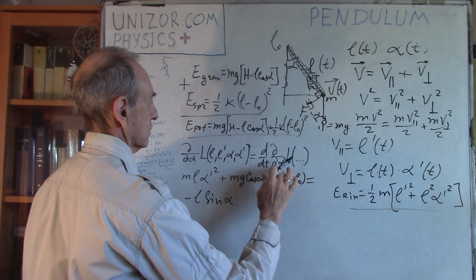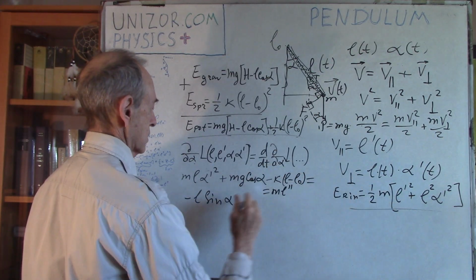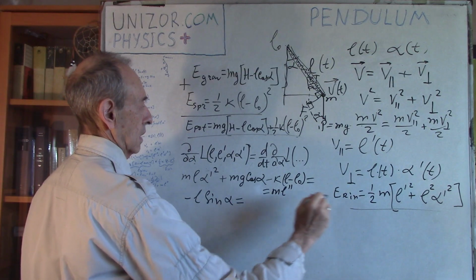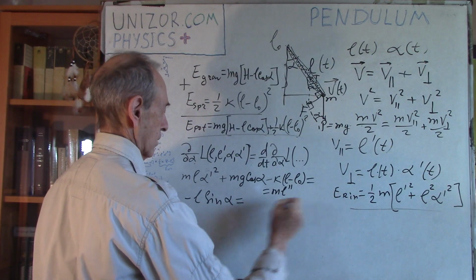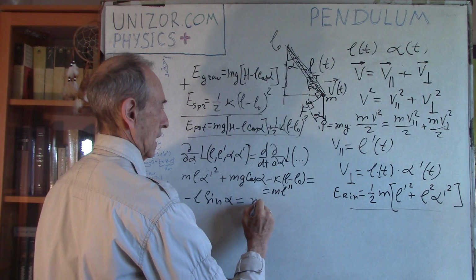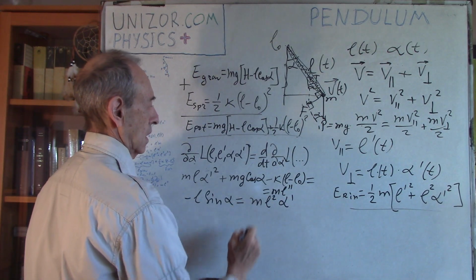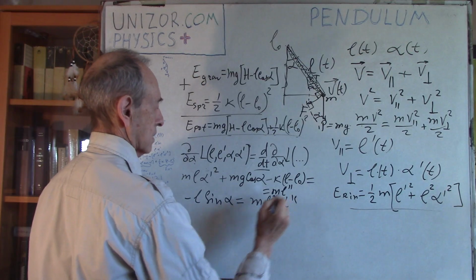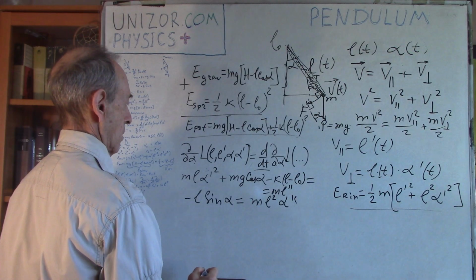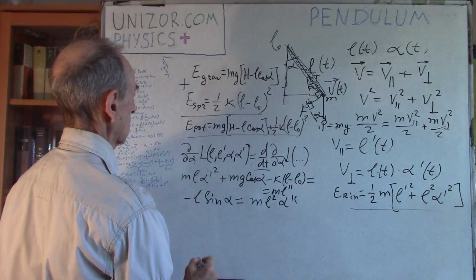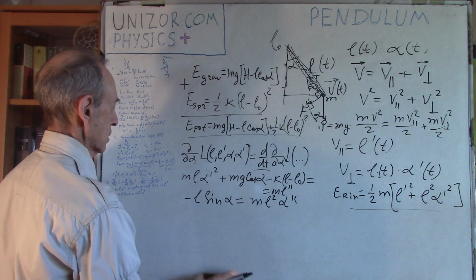On the right side it would be by alpha prime, which is this one. Alpha prime is, as I was saying, m L square alpha prime, and then by dt it would be another. I think I forgot mg here.